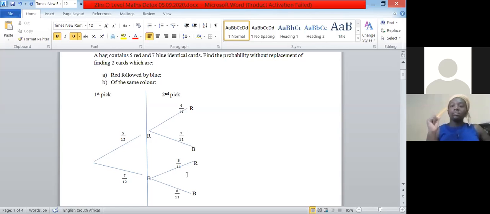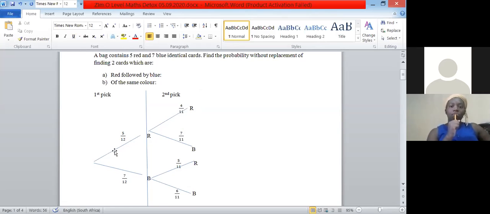That's how you check if your branches are correct. 5 over 11 plus 6 over 11 here, 5 plus 6 is 11, so 11 over 11 is also equal to 1. So once all the branches are complementary like this, then your diagram is correct.